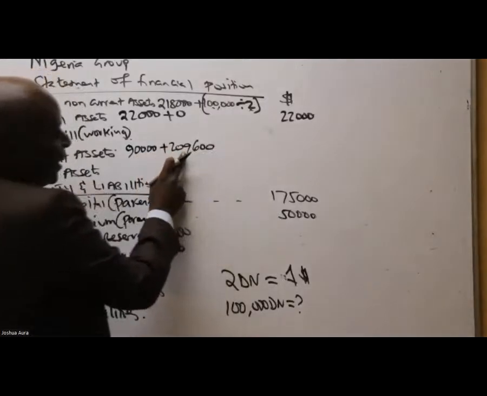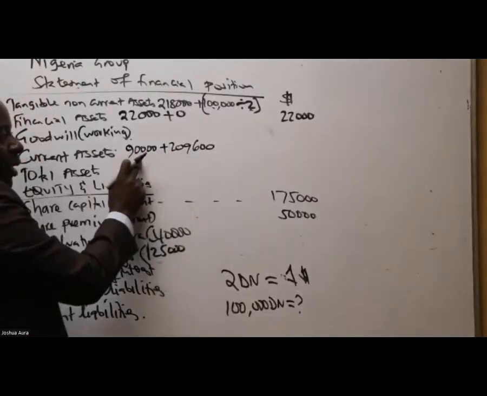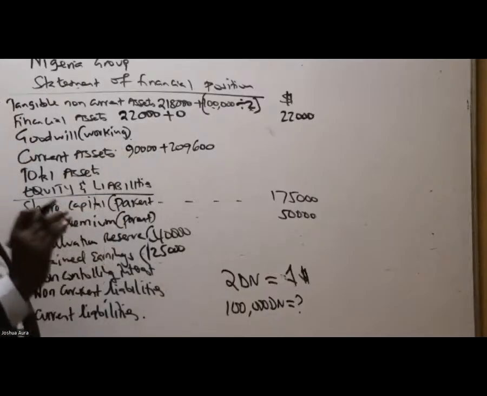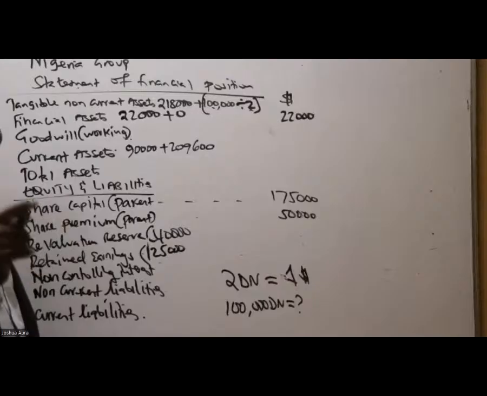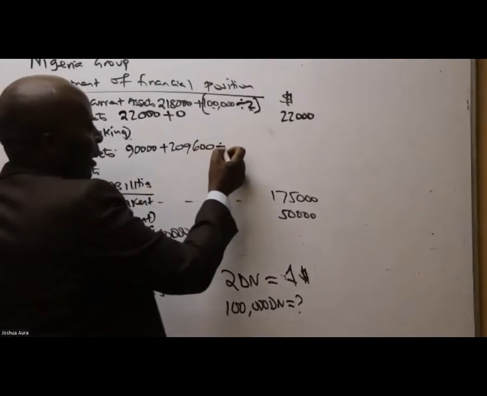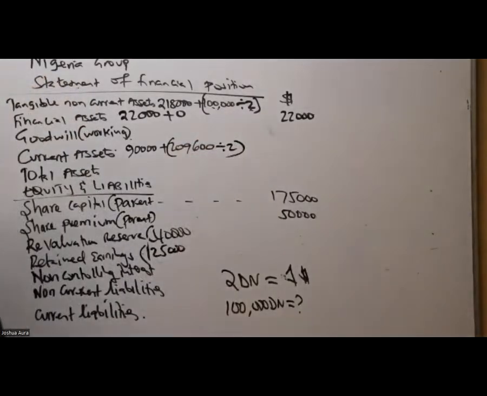But remember, these are DNs. We still need to retranslate them to the dollar. Remember, we said when we started that all assets and liabilities will be retranslated at the closing rate. So here, divide this again. Once you start dividing, divide consistently all the way down. There is nothing else after that.